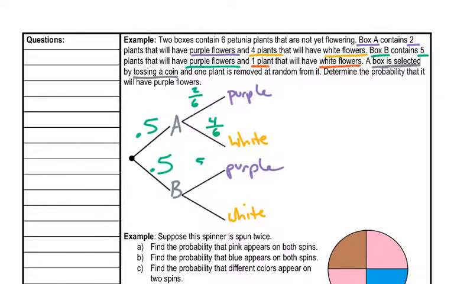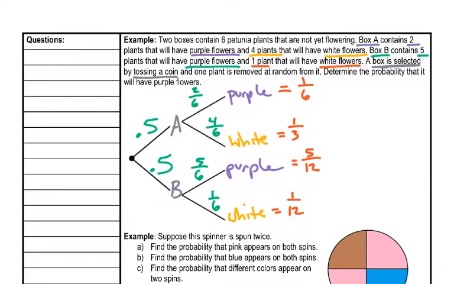So that means 5 out of 6 chance for purple and 1 out of 6 chance for white. So now we're going to multiply along each branch to find the probability of both events happening. Now we can just go ahead and use our calculator for this. So if we do 0.5 times 2/6, we'll get 1/6, and I'm going to keep filling these out. So here are all of our probabilities, and these are all in simplest form.